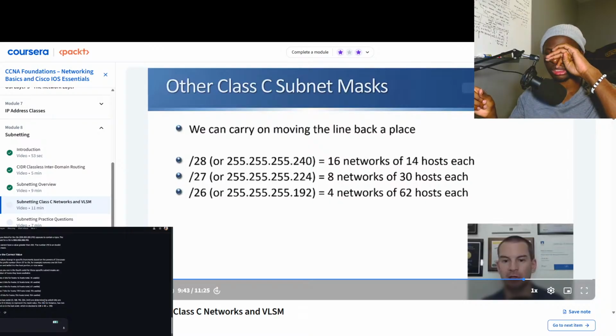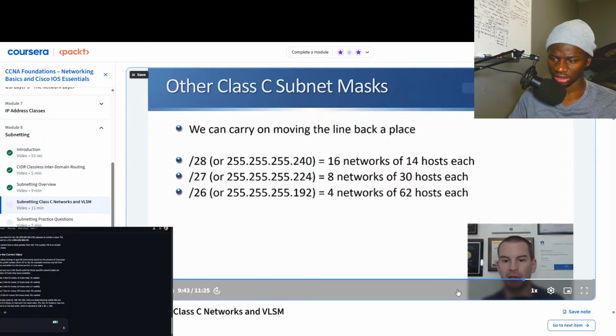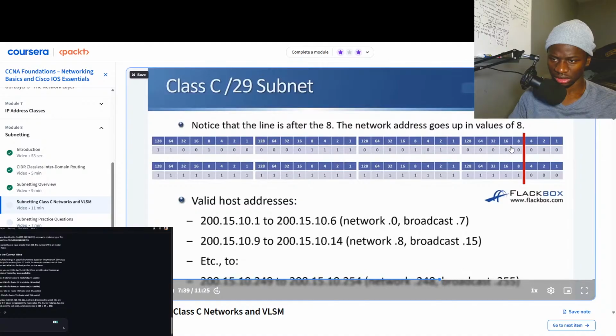So for /26, the default is 24, so we take 2 bits to make it 26. It has 2 bits turned on in the last octet.